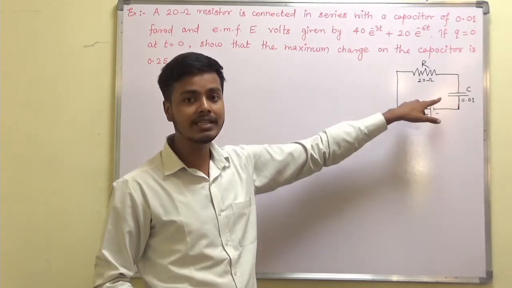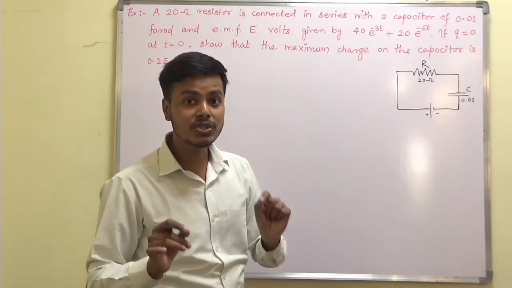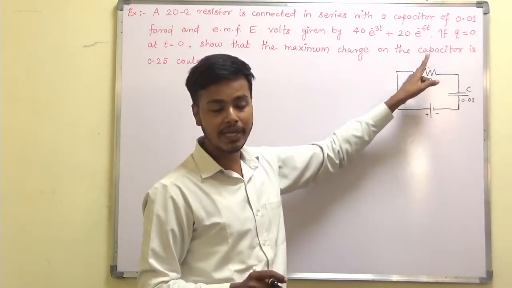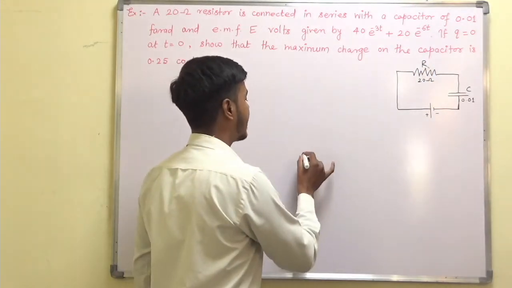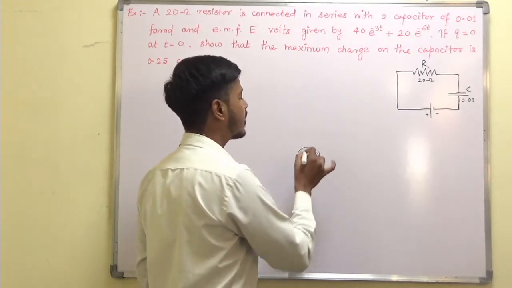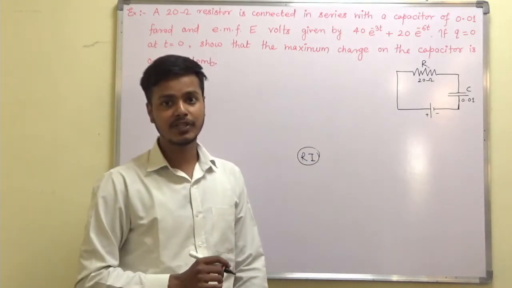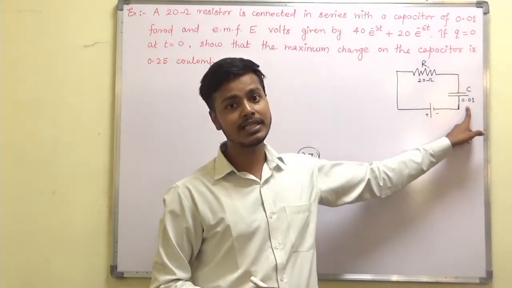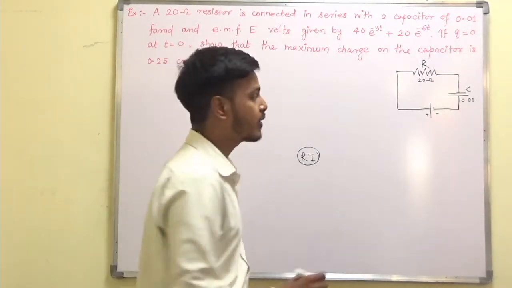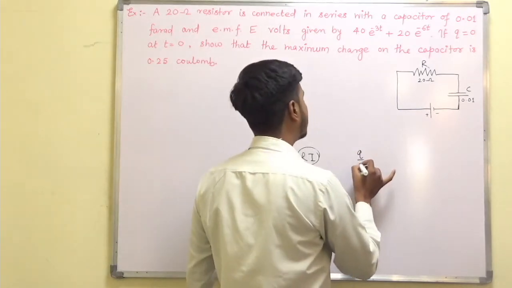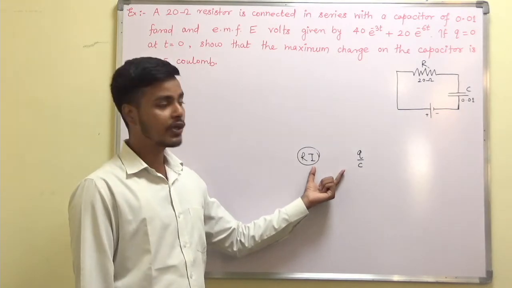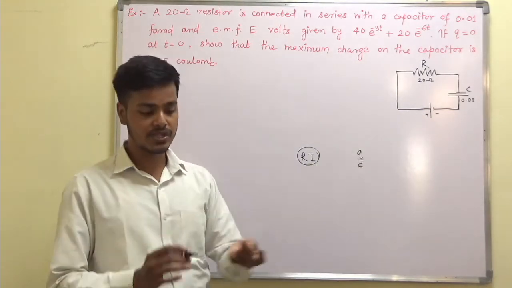So I need the voltage drop across the resistance, and the voltage drop across the resistance is Ri, which we have already seen in the last learning video. Likewise, the voltage drop across the capacitor is Q by C. Now with the help of this, I am going to write down the circuit equation.